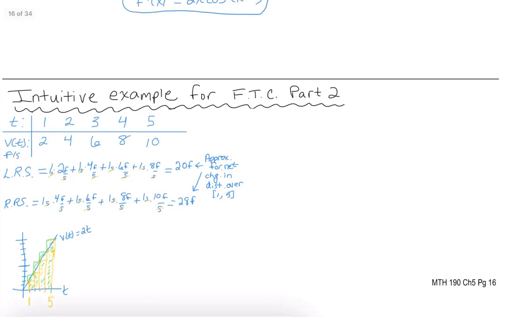And so we kind of know this game, right? So what happens if we want to find it exactly? We would have to set up, letting n go to infinity, the limit of the Riemann sum.